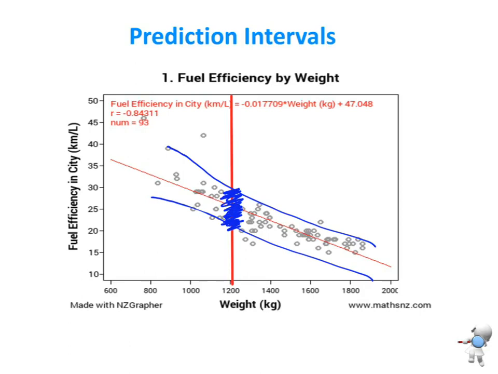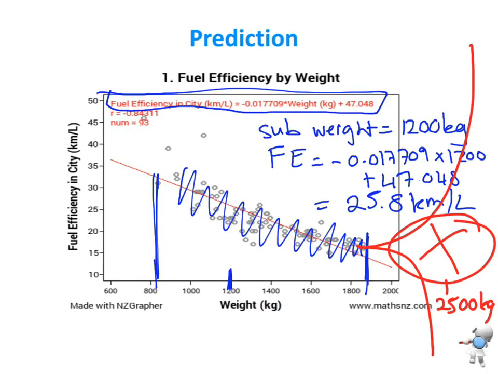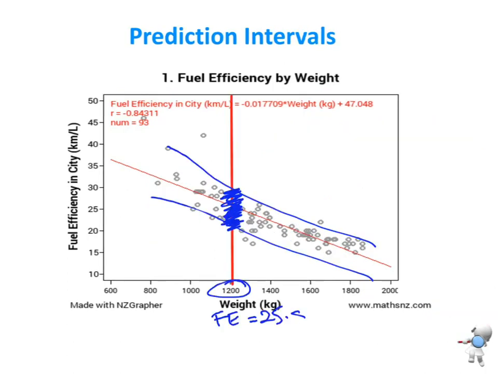So I would say that yes, my best estimate is that a car that weighs 1,200 kilograms would have a fuel efficiency of 25.8 kilometres per litre. But in actual fact, given the amount of data that I have and the variation in the data, it could be anywhere from 22 all the way up to around about 30.